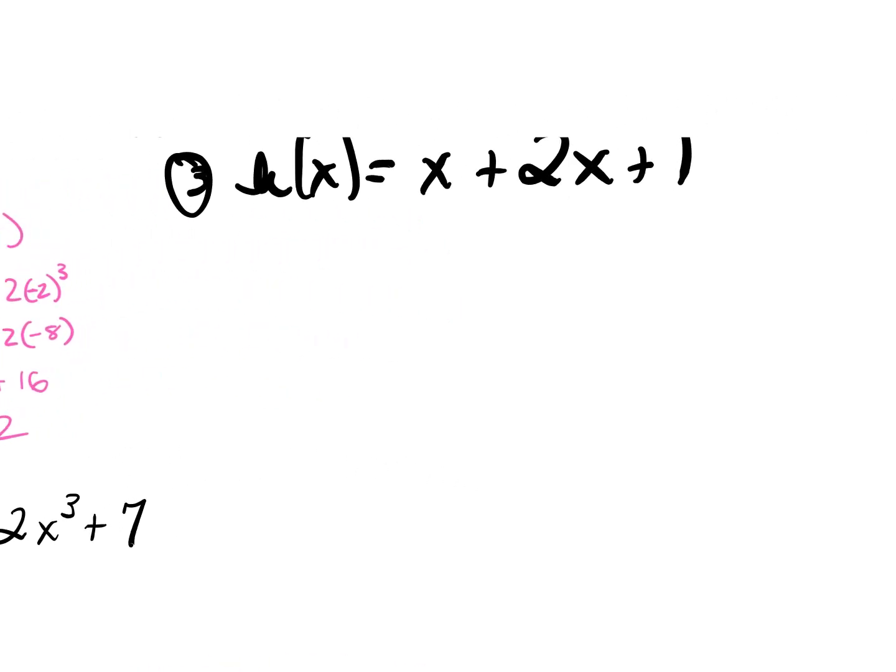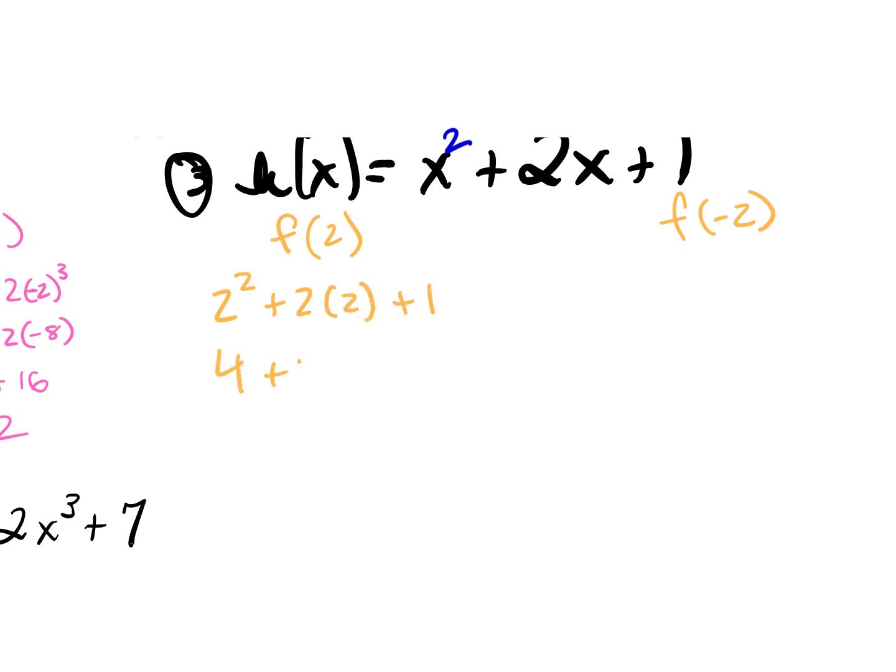Now let's look at number 3. This should be x squared. It got cut off on the last page. But we're going to plug in 2 and negative 2. Now again, you can plug in whatever numbers you want. So if I wanted to, I could do 3 and negative 3. That works too. So this would be 2 squared plus 2 times 2 plus 1.